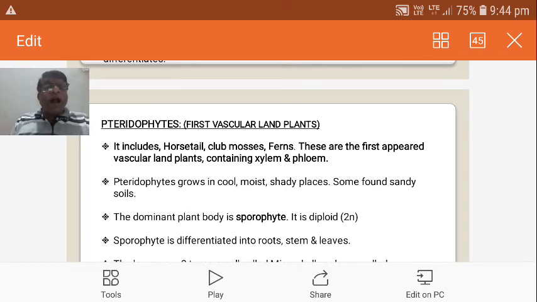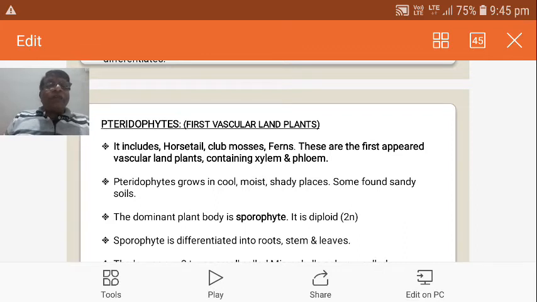As you are already aware, xylem is a water conducting tissue. It conducts the water and mineral salts from roots to the aerial parts of the plant body. The main function of xylem is conduction of water and mineral salts.